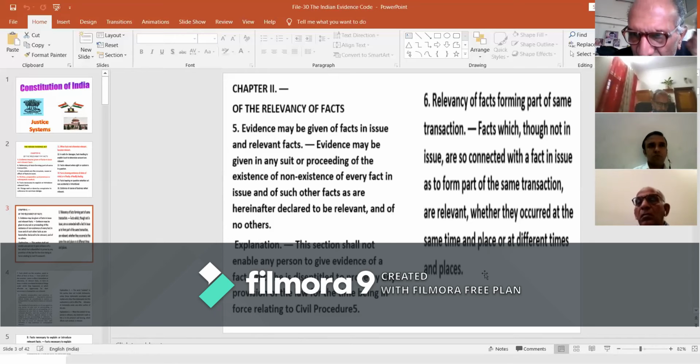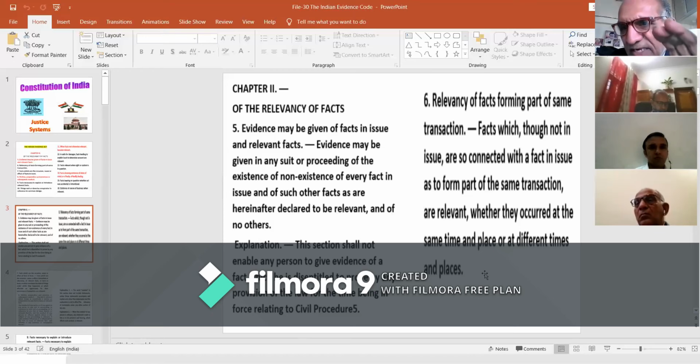With respect to civil procedure, if there are prohibitions provided, then those facts with respect to which prohibition is provided will not be permitted, even if it is a fact in issue or otherwise relevant. Therefore, this explanation is to be kept in mind while deciding and planning the evidence to be led in civil suits. Now see, Section 6, relevancy of facts forming part of the same transaction.